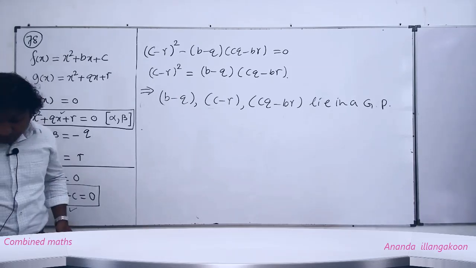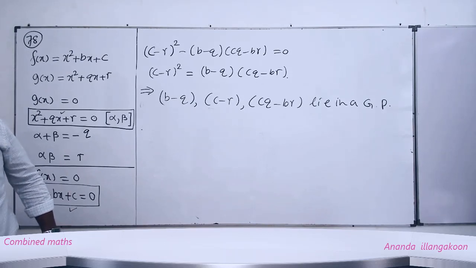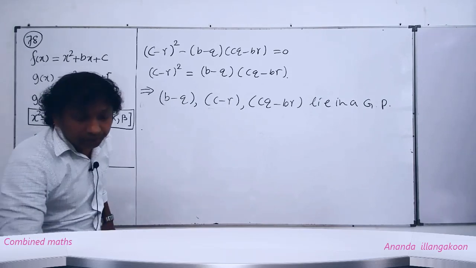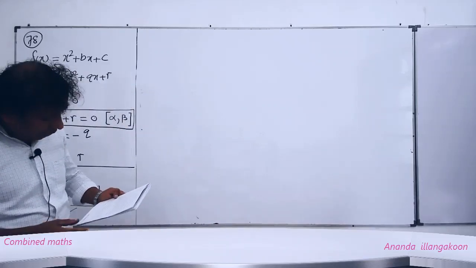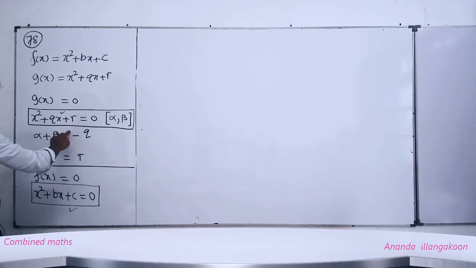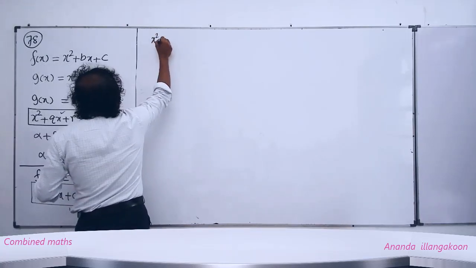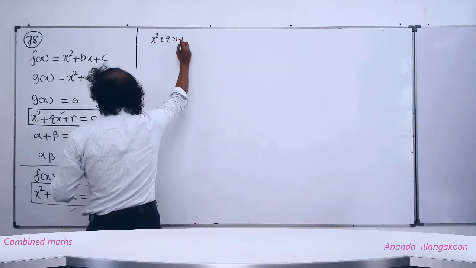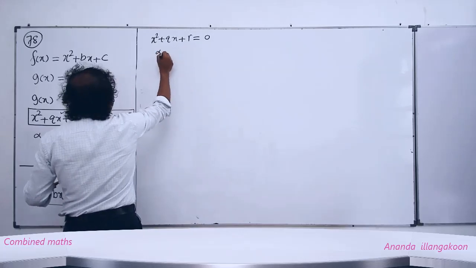People, read the last part of that. I'll give you 2 minutes. Now we had been given g(x) = 0 roots are alpha, beta. x squared plus qx plus r equals 0 is g(x) = 0. Its roots are alpha, beta.